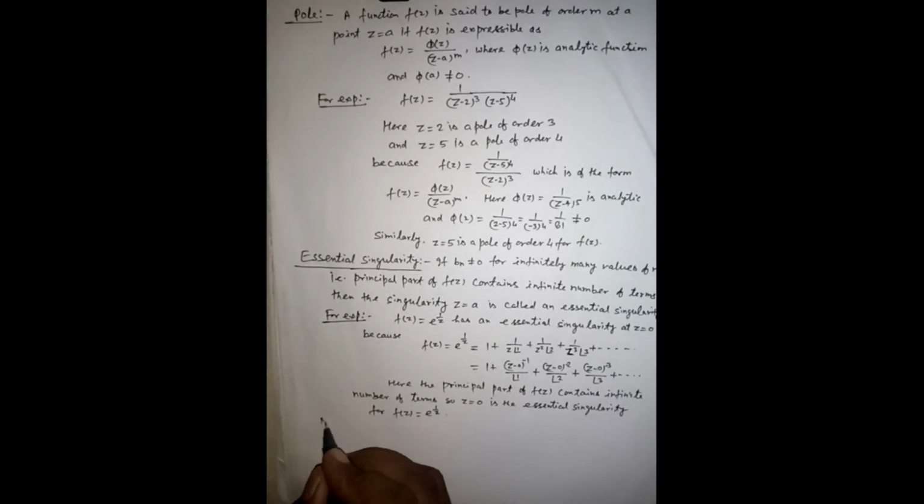Note, first, limit points of poles are called non-isolated essential singularities.